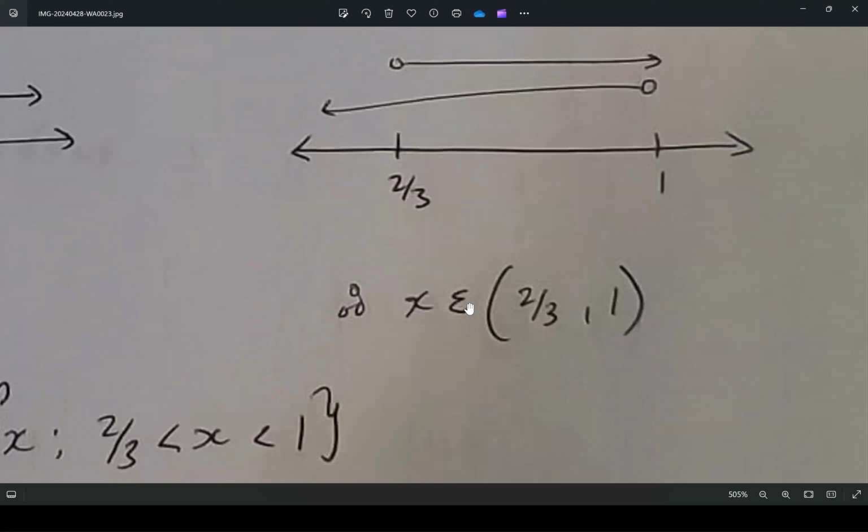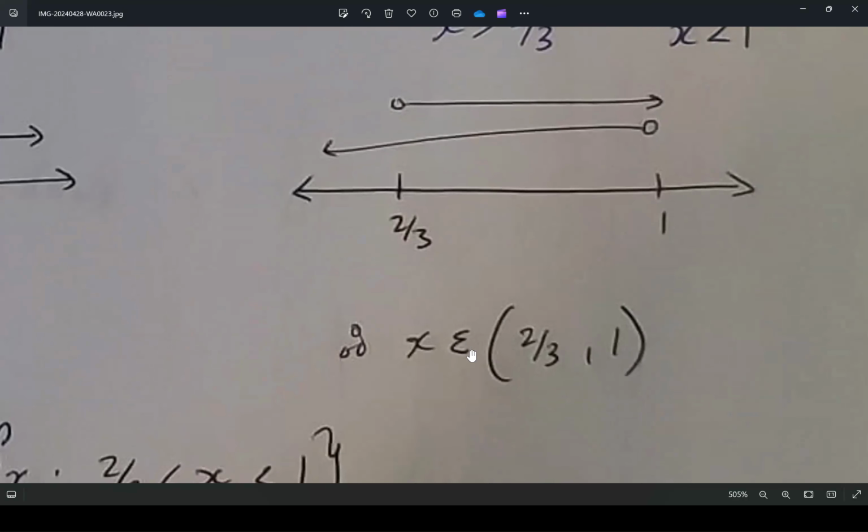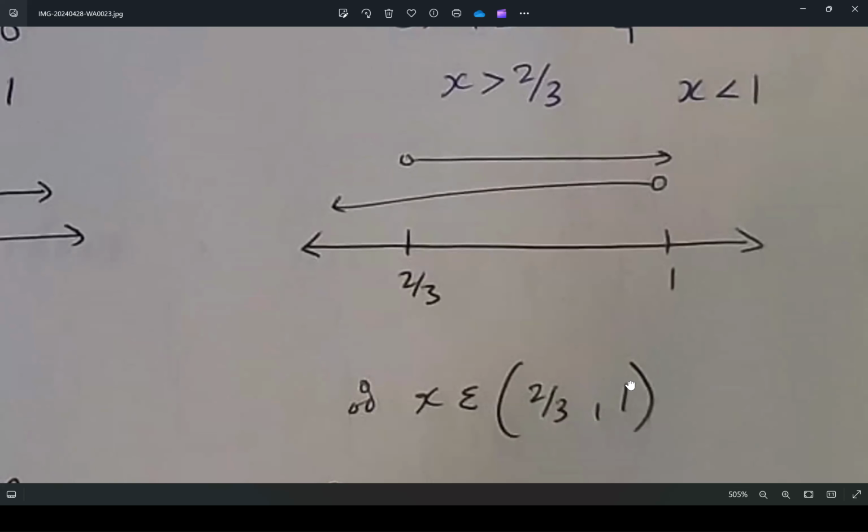So we have x is a member of the set 2 over 3 to 1. We realize the round brackets are important because if it is a square bracket, that means we're including that value. But we said that it has to be greater than 2 over 3. It means that this round bracket is saying go as close to 2 over 3 as you want, but do not plug in 2 over 3 itself.